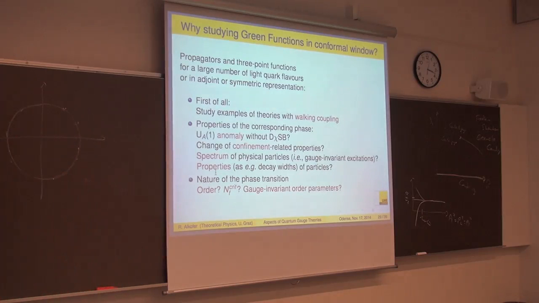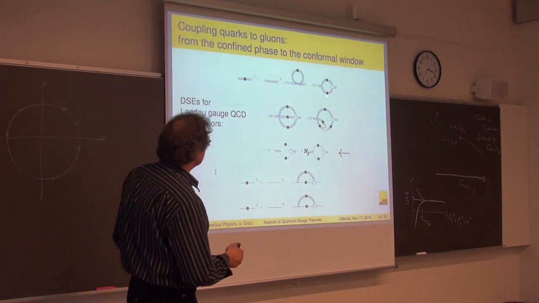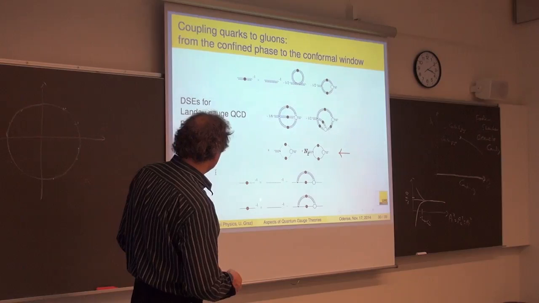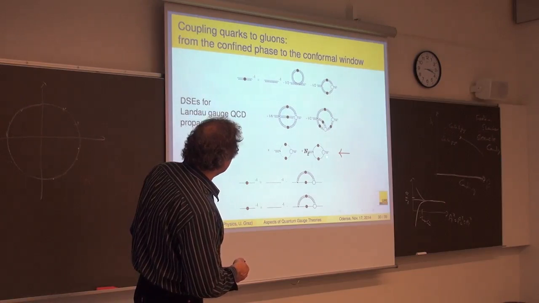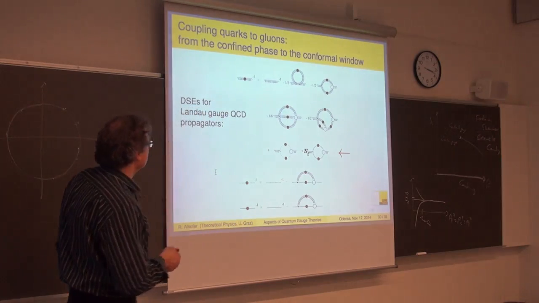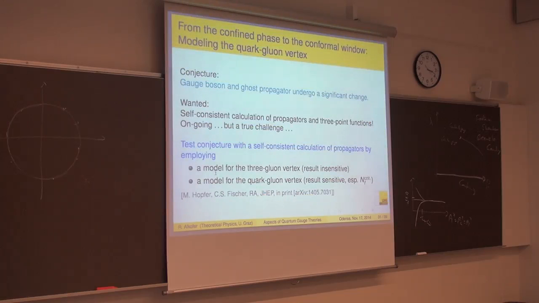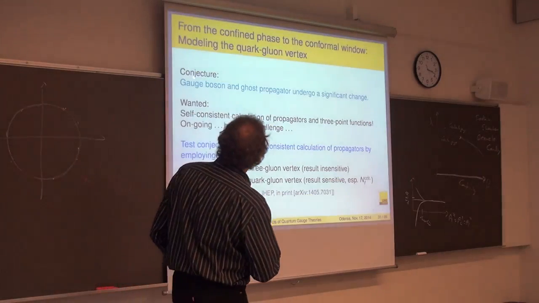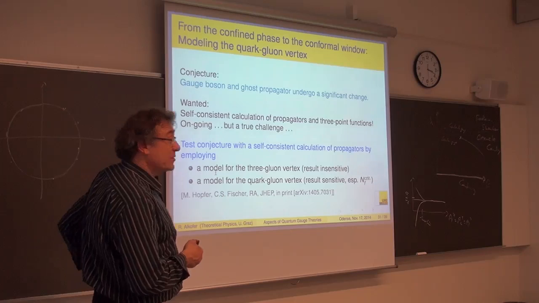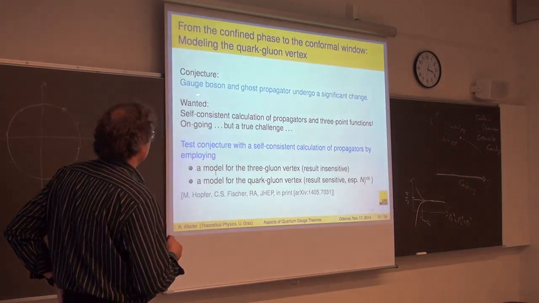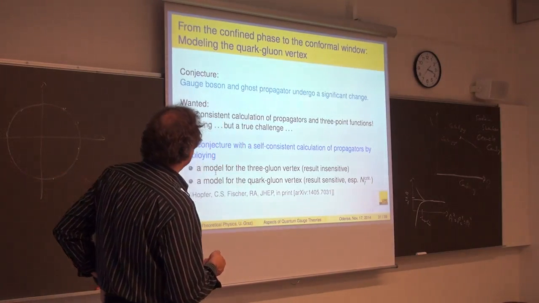So, to make a first point, we did a model calculation. First of all, we have this set of Dyson-Schwinger equations, quark to gluon, and now the quark loop gets in fact an F and is feeding back onto the gluon. Our conjecture was mainly motivated by another paper which was simply doing some extrapolations of lattice results, and we say this is deadly wrong, because gauge boson and ghost propagators must undergo a significant change.